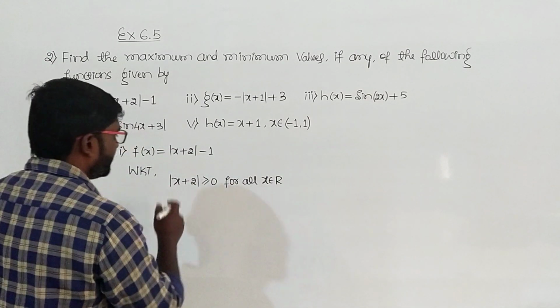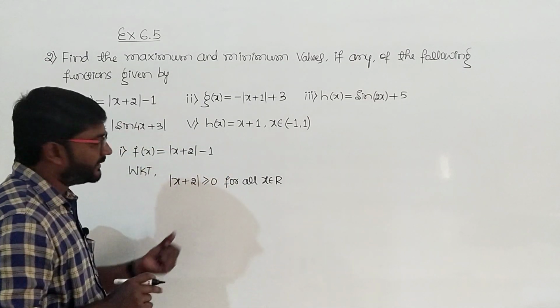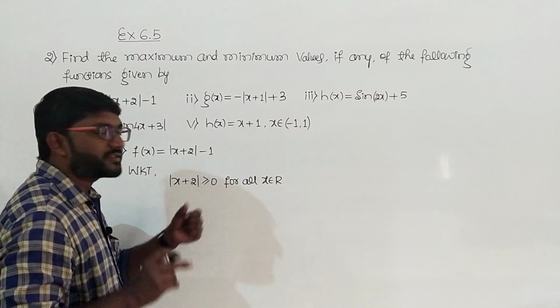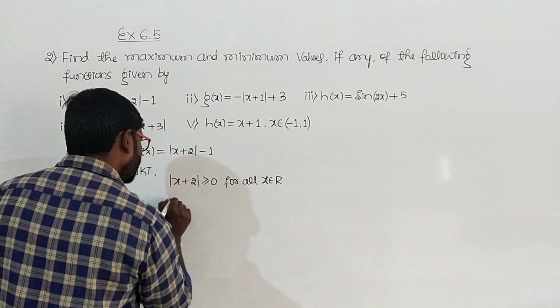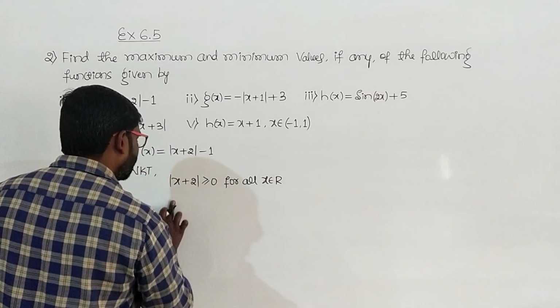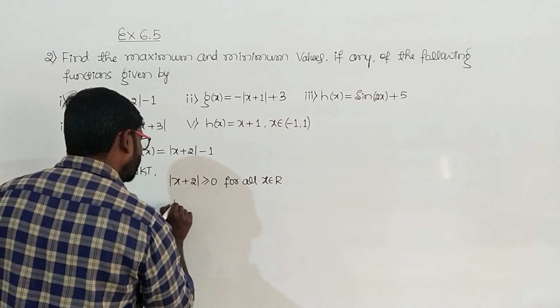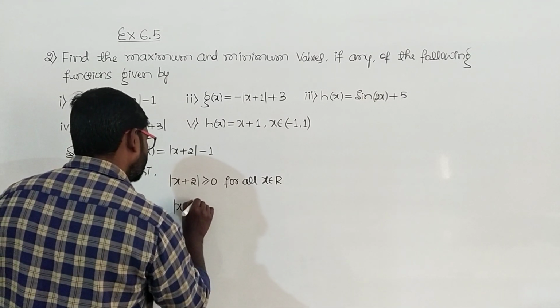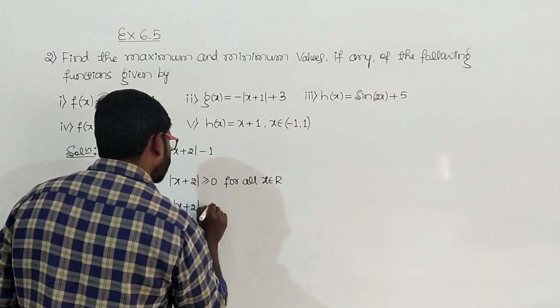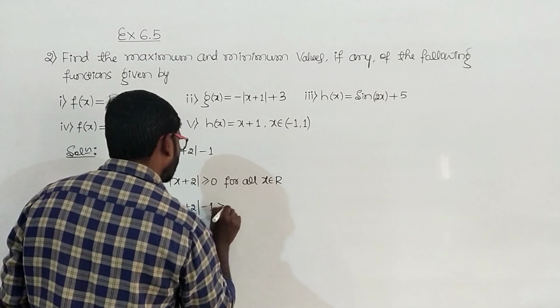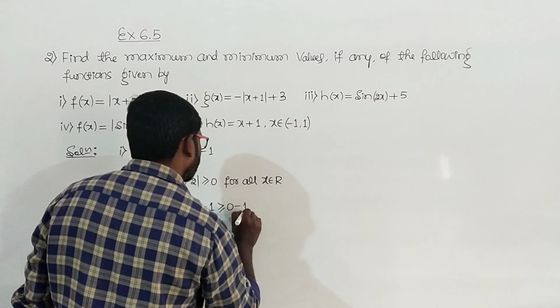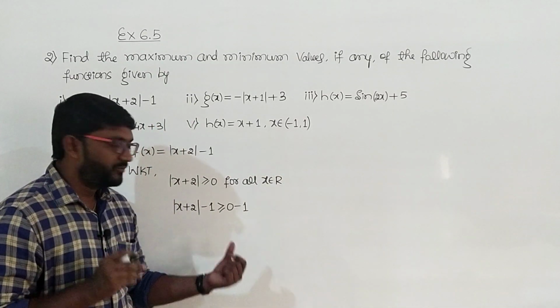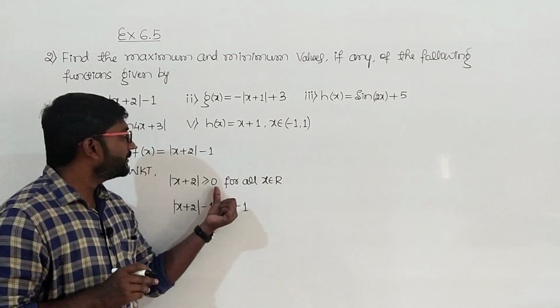So now we need minus 1 here. That means on both sides you need to subtract 1. So overall we get mod x plus 2 minus 1 greater than or equal to 0 minus 1. What we are doing here is subtracting 1 on both sides.